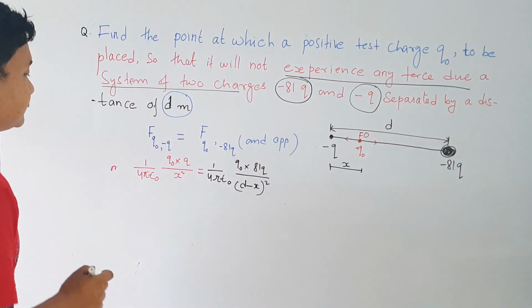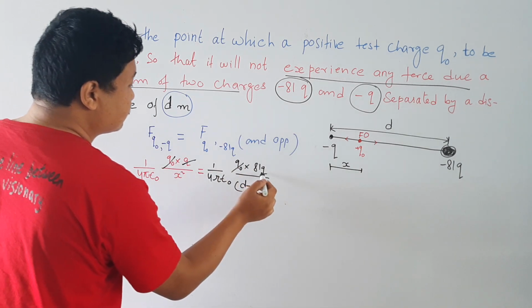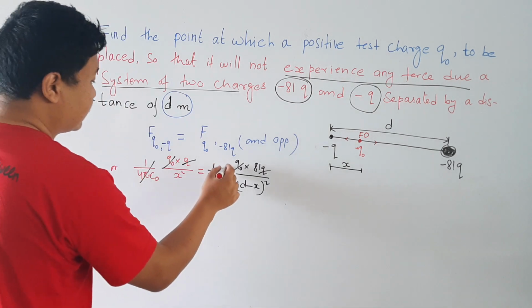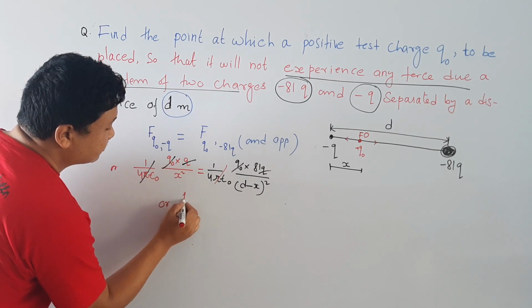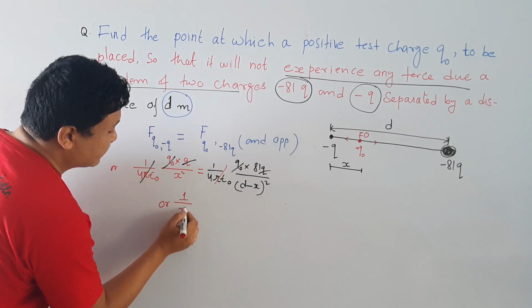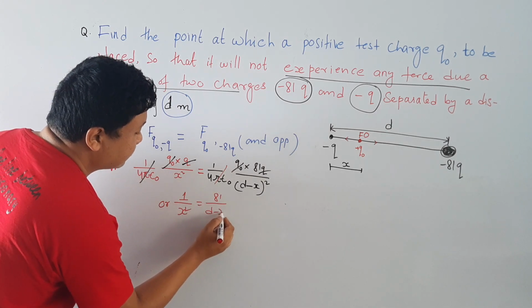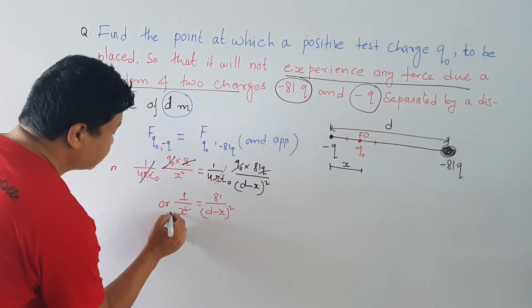So q0 and q0 cancel, this q cancels with this q, and 1 by 4 pi epsilon naught cancels with 1 by 4 pi epsilon naught. I will get 1 divided by x square is equal to 81 divided by d minus x whole square. Next step, take the root.